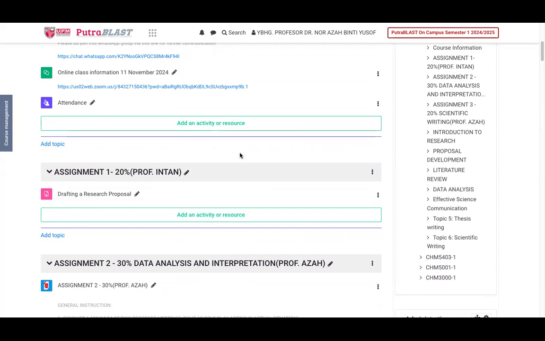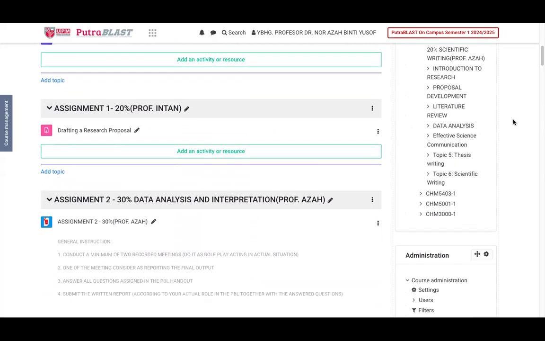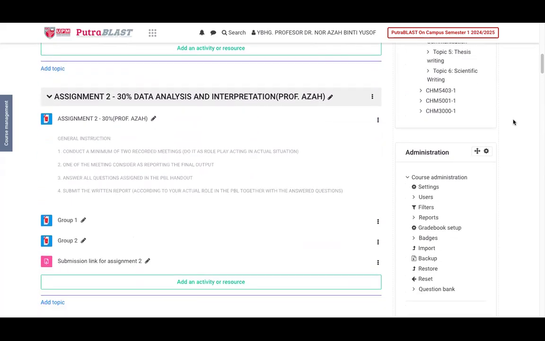So any of you who has not done the first assignment, please text me personally, because if you miss this 20%, then it's not going to be good, right? And the second assignment that I'm going to talk about is a group assignment. That's why I need you to be in this class today, because I need to group you into two groups.